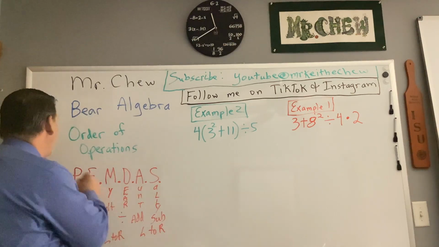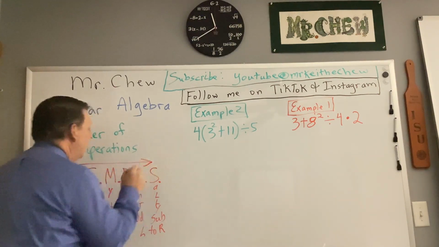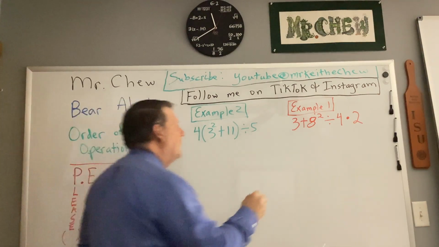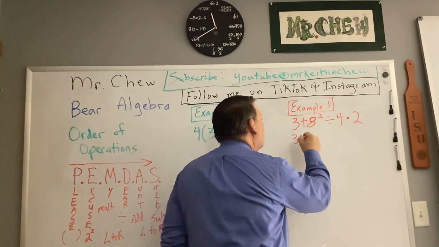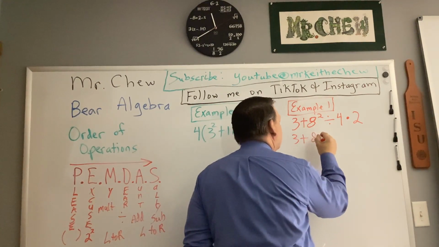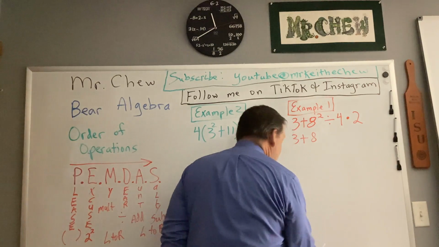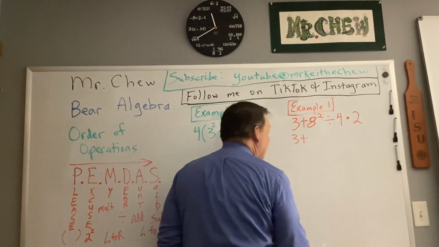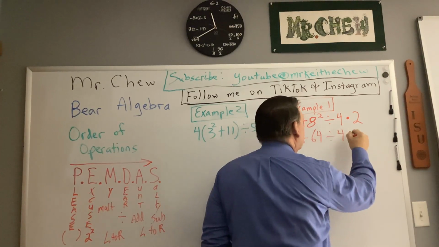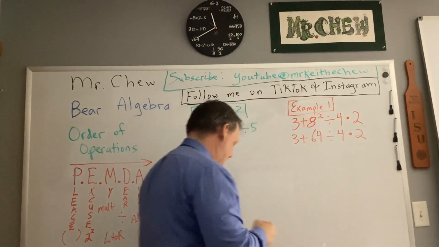Because we're going to go in this direction. There are exponents, so you do the exponents first. So 3 plus 8 squared means 8 times 8, and we know that 8 squared, 8 times 8, is 64, divided by 4 times 2.